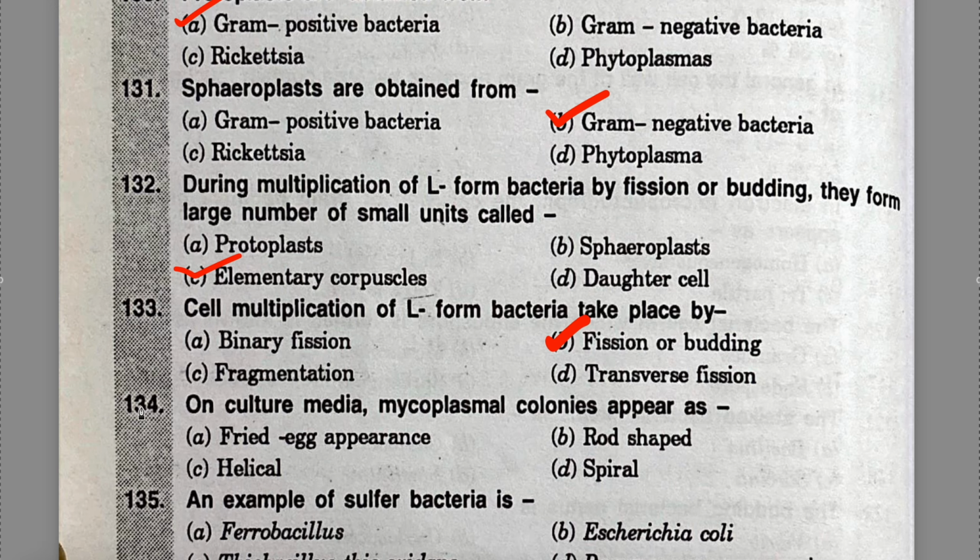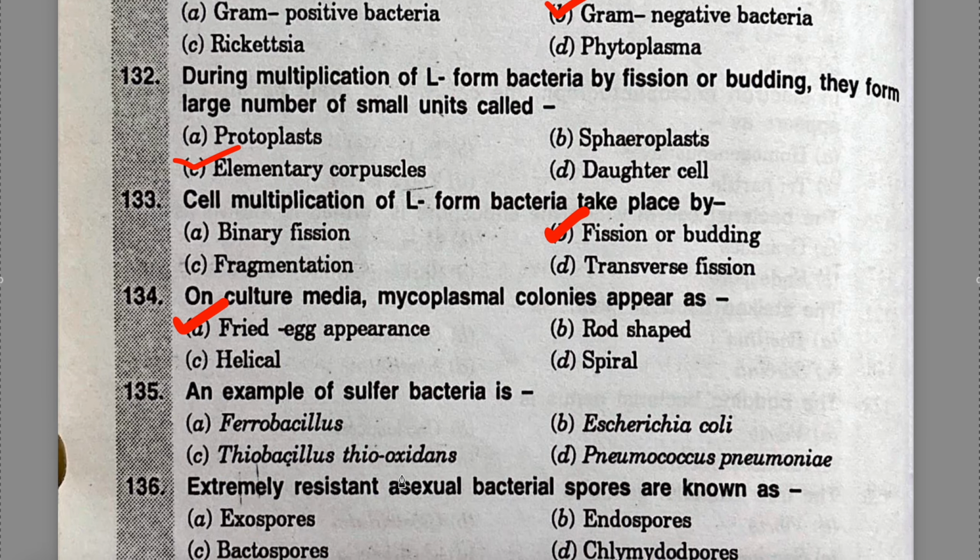Question 134. On culture media, mycoplasmal colonies appear as fried egg appearance, rod-shaped, helical or spiral. Answer option A. Fried egg appearance.